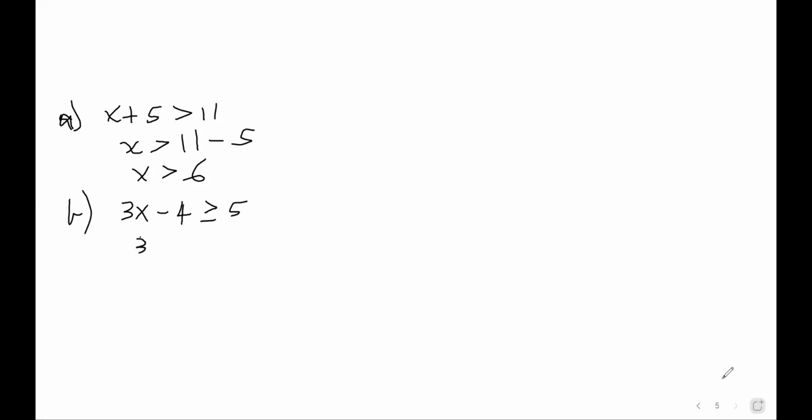Here we put the like terms together. We have, divide this side by 2.